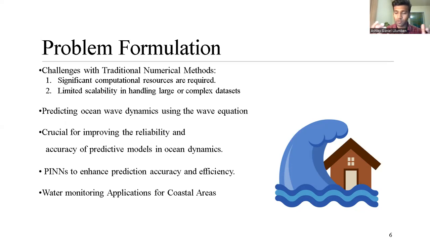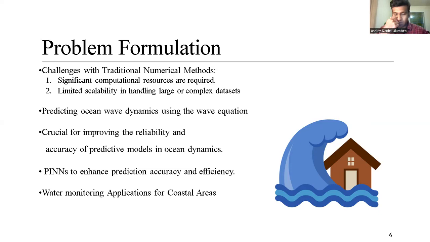So we are focusing on water waves to predict the propagation and elevation of ocean waves using a real world data set from the Queensland state of Australia with 15 coastal areas.